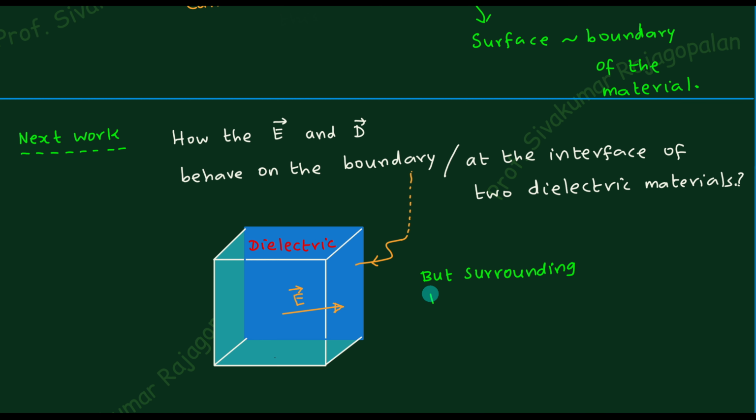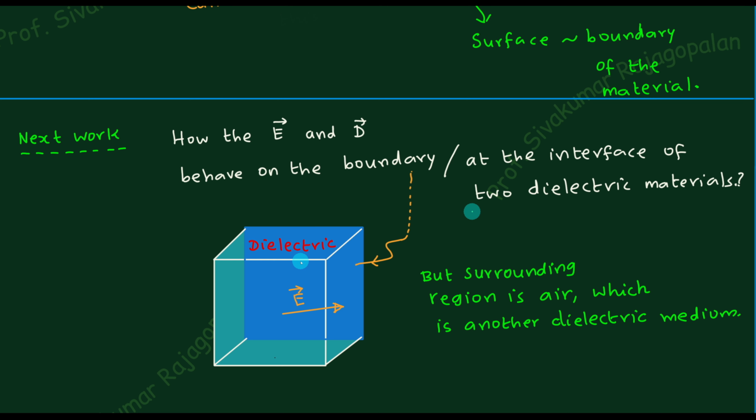I am just showing the simpler situation where you can see the second dielectric material, which is the point I am trying to explain. I am trying to explain where the second material is. The first material that you are going to consider is this dielectric material, which is going to have some epsilon as the electric permittivity.